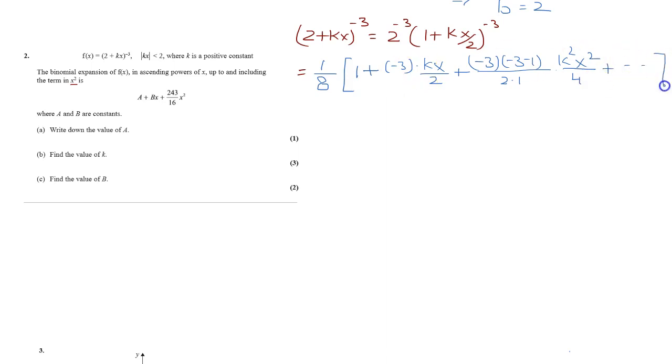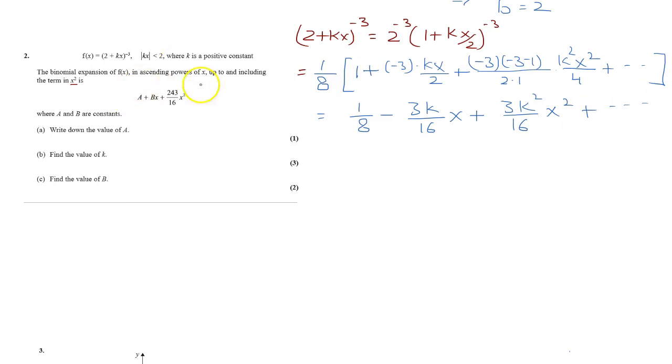We have to write only up to x squared. So if we simplify it, this is 1 over 8 minus 3k over 16 x plus 3 k squared over 16 x squared, plus.